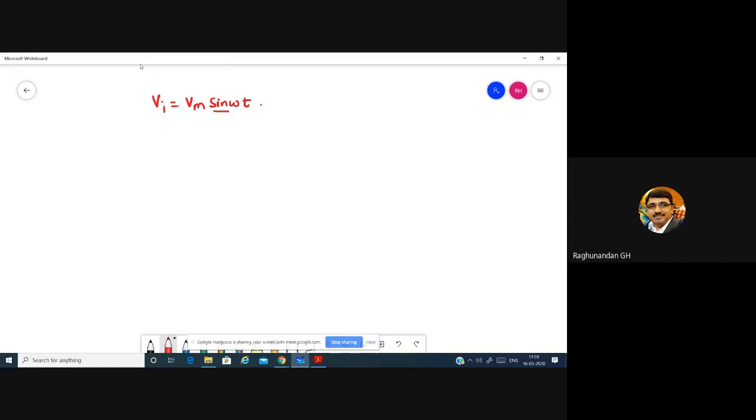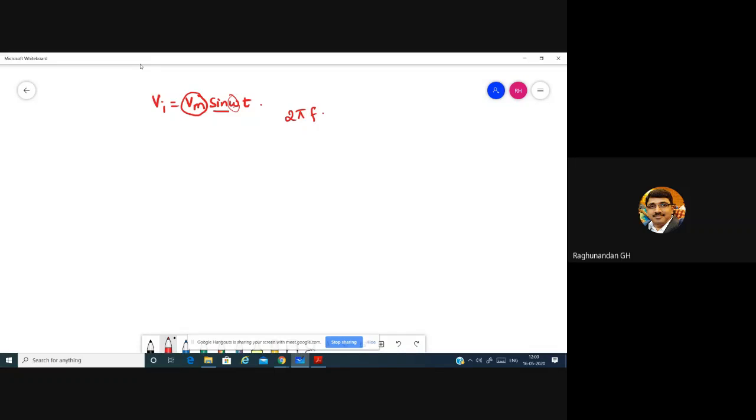In this, we know that Vm is the peak voltage. Omega is the angular frequency, which is equal to 2 pi f, so when a frequency is given, we can obtain omega. The frequency is given as 1 kilohertz, so f is equal to 1 kilohertz.